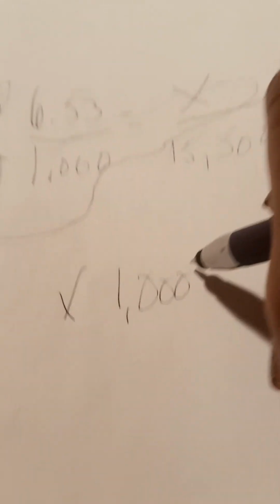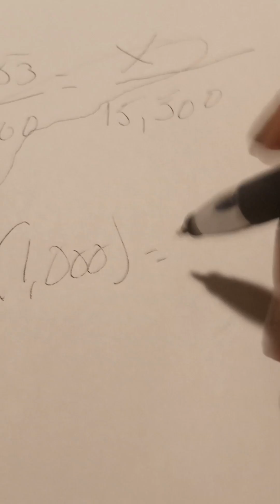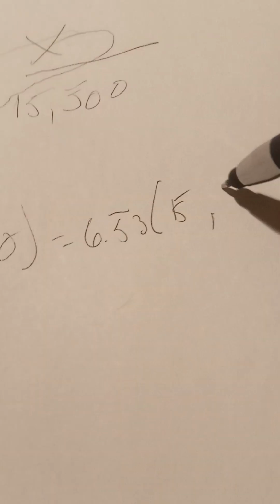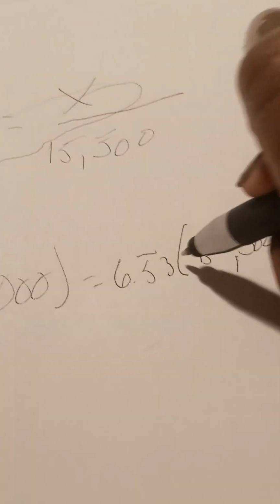Same logic that we've been using. I try to stay in the same mindset so that it stays consistent and you don't get confused and you trust the process. Okay. And that was $6.53 times 15,500.